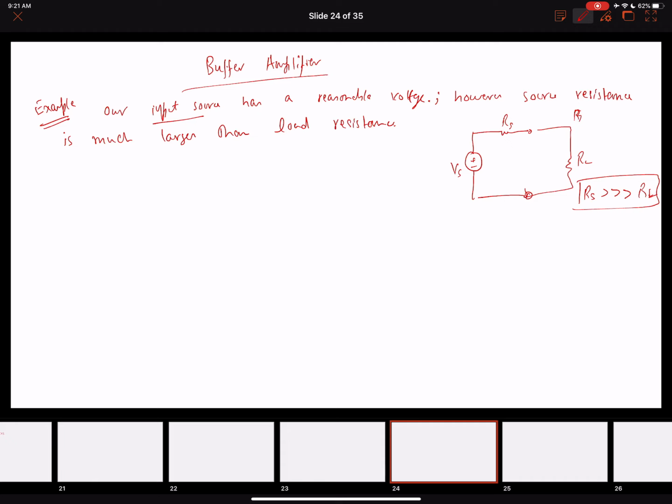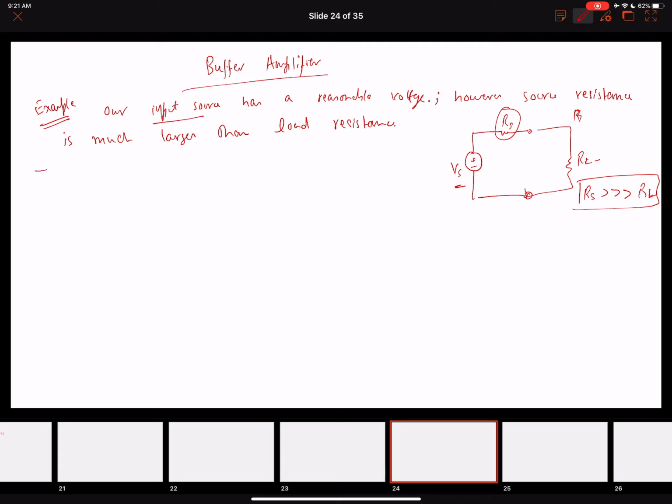This means that if I connect this source to the load, the signal will attenuate. Most of the potential drop is going to happen across Rs, and a very small potential drop is going to happen across RL. Right?